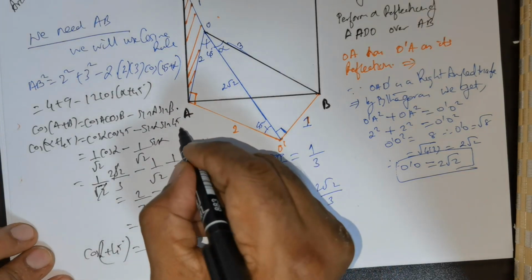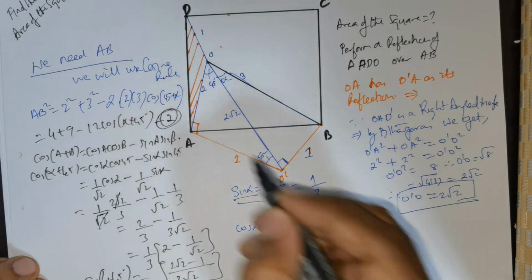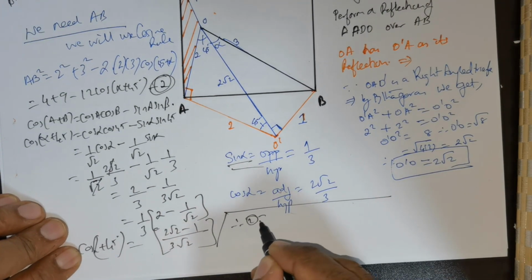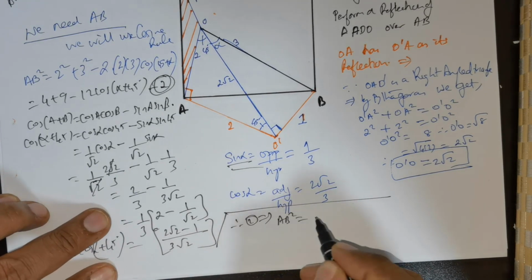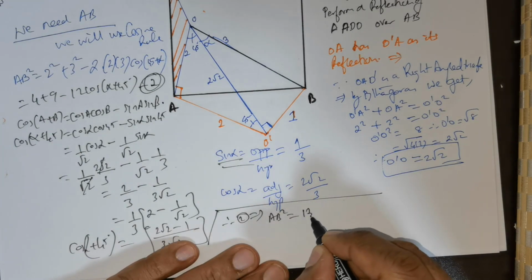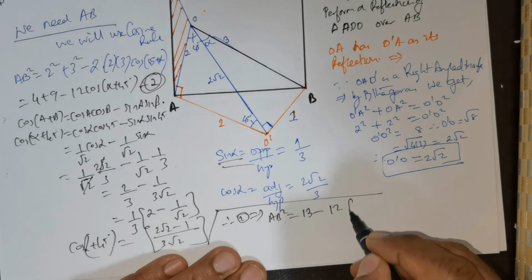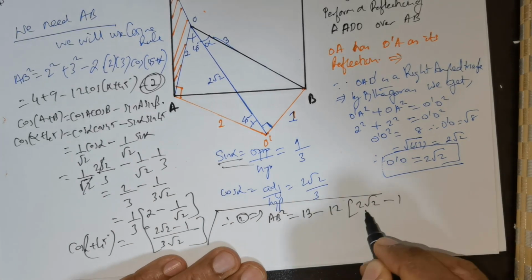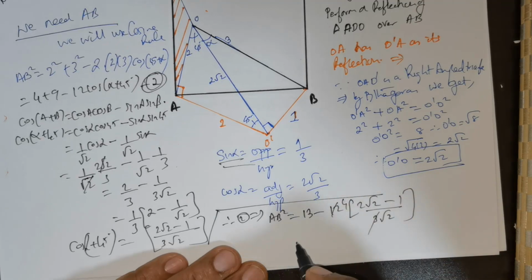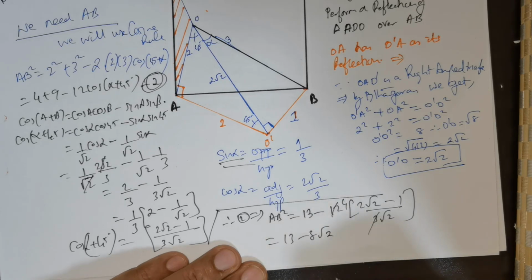Now take this and substitute it here. Therefore AB squared is equal to 4 plus 9, 13, negative 12 times cos of alpha plus 45. Substitute this value: 2 times root 2 negative 1 divided by 3 times root 2. 3 goes here 4 times. So 13, 4 times 2, 8 into root 2.